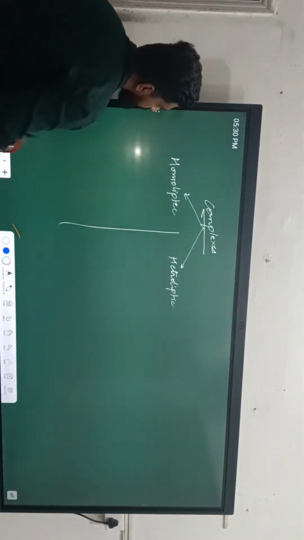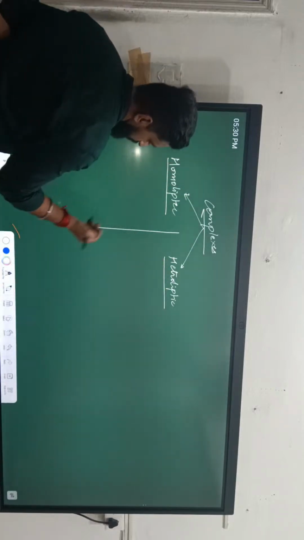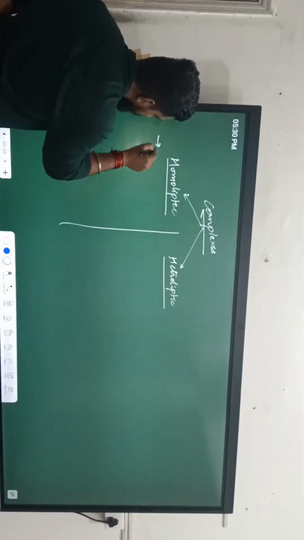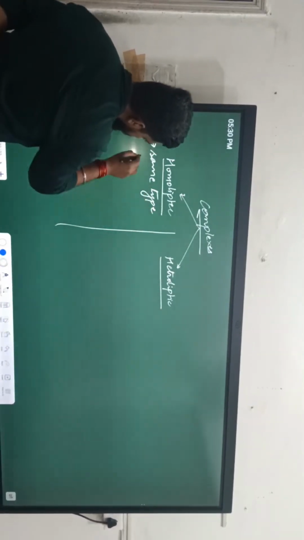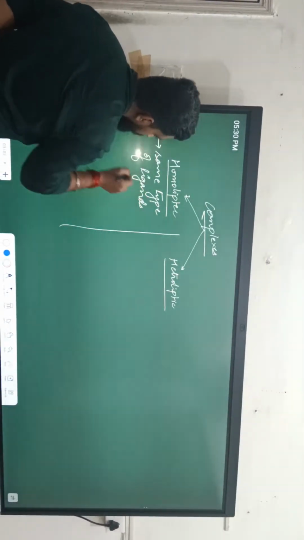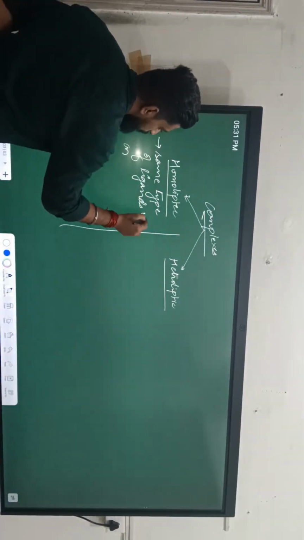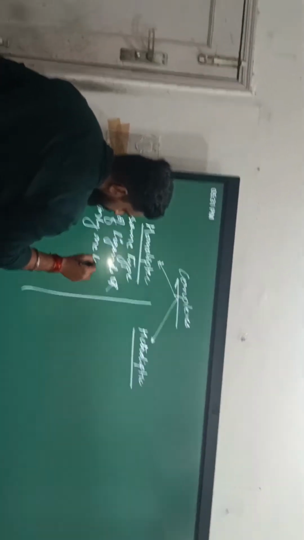The main difference is that homoleptic complexes have the same type of ligands, or you can say only one type of ligand.